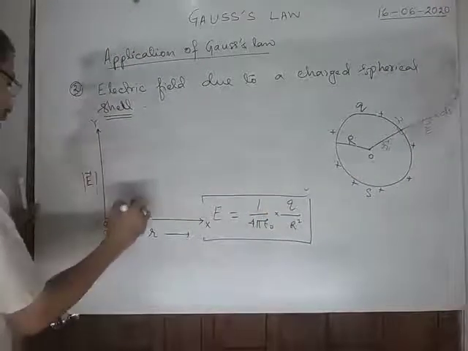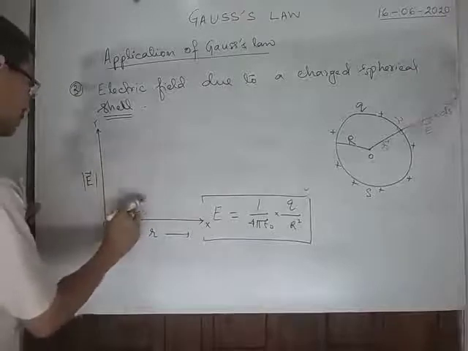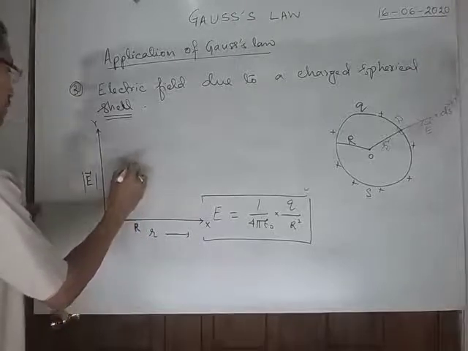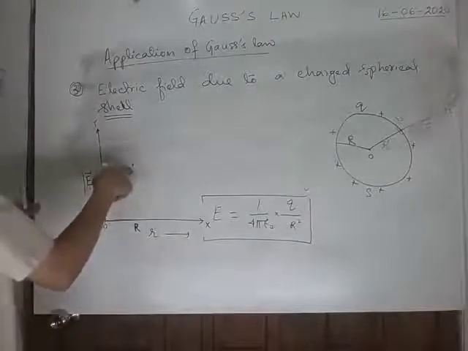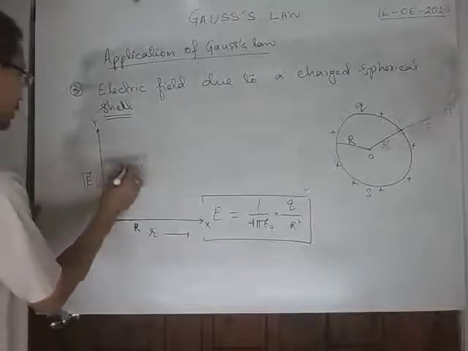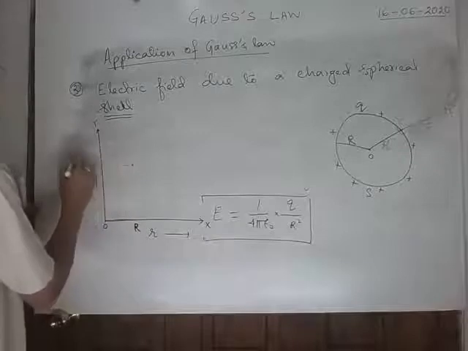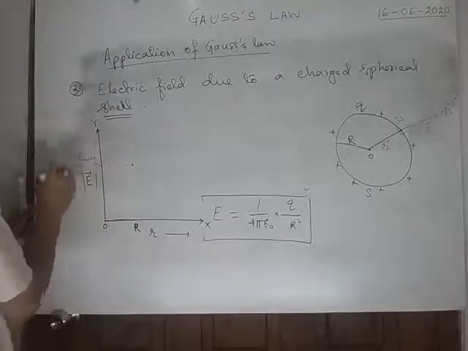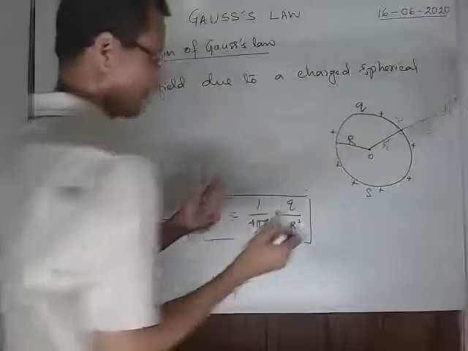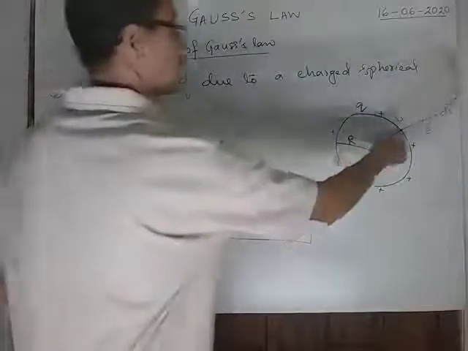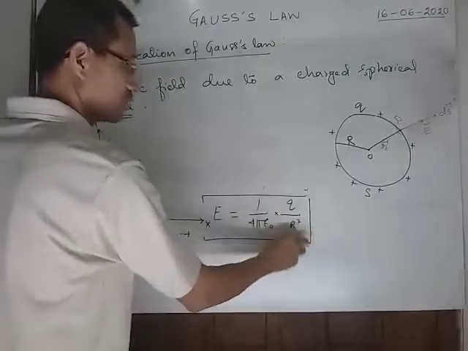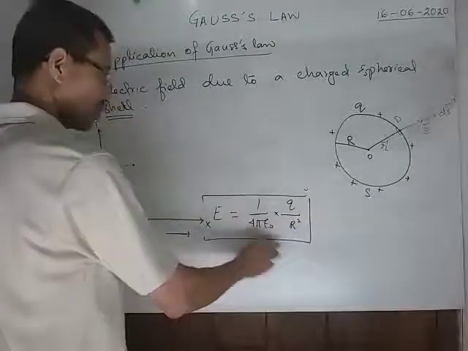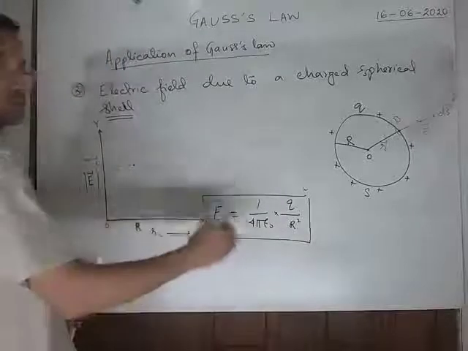When it is equal to R, it will give you the maximum value, this one. So let me mark it here, at the point R, it will be here. And this corresponding point is nothing but E max. Electric field will be maximum here when the point of observation is on the surface. When this R keeps on increasing, being in the denominator, the whole will be decreasing. That means electric field will keep on decreasing.